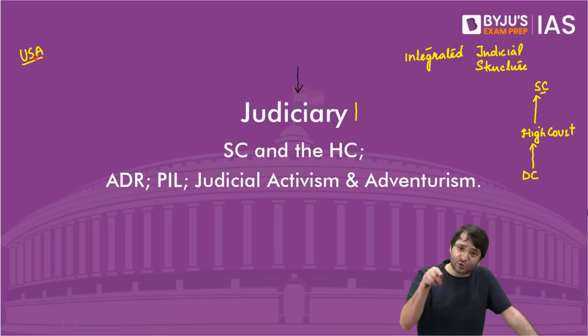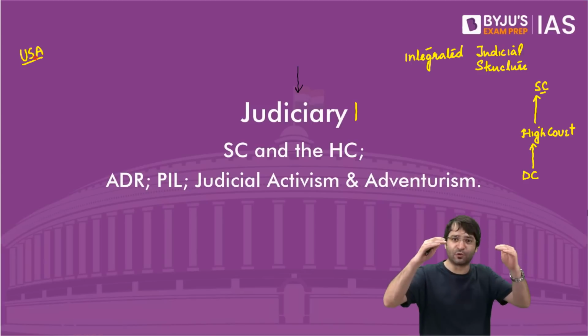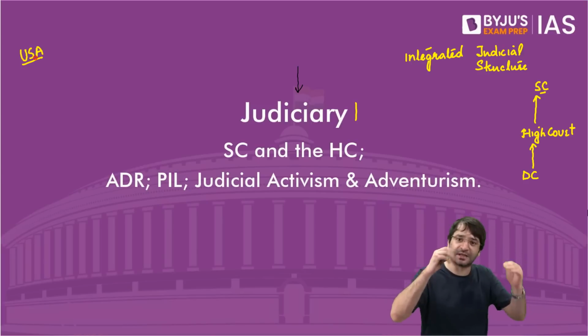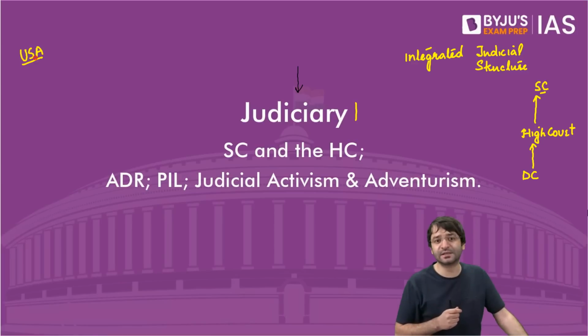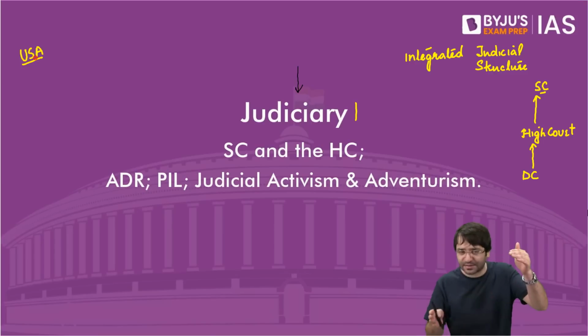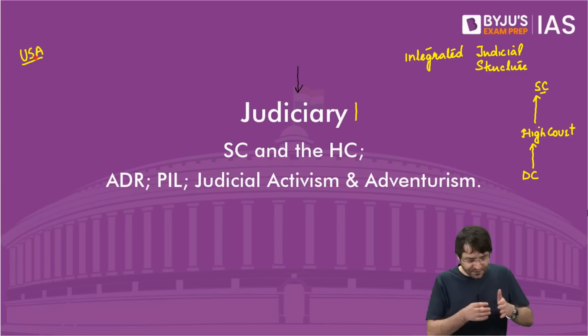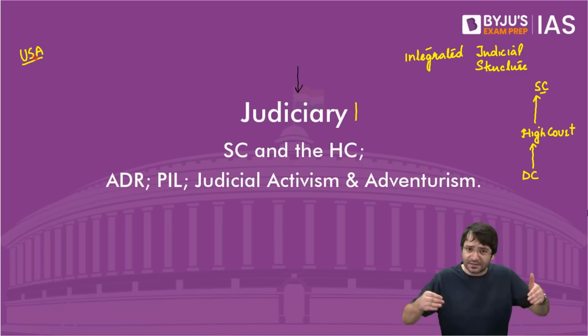They have a federal Supreme Court as well in Washington, D.C., but it only hears federal cases. Federal cases in the sense, if there is a dispute between the center and the state, such case can be filed in the federal Supreme Court. If there is a dispute amongst the states themselves, such cases can be filed in the federal Supreme Court.